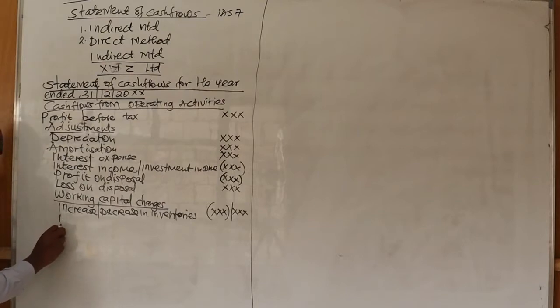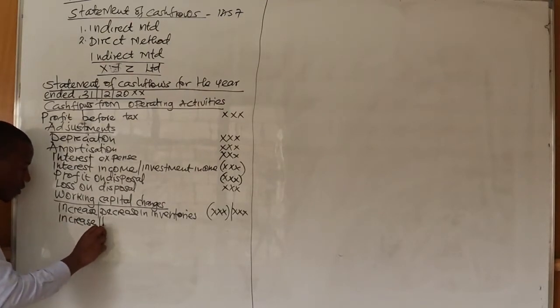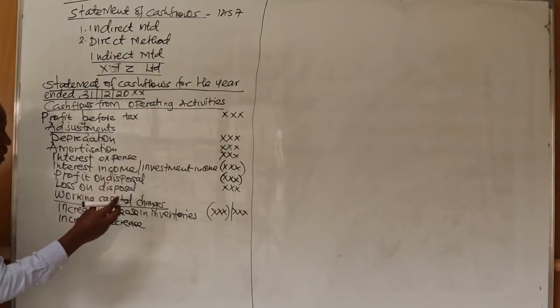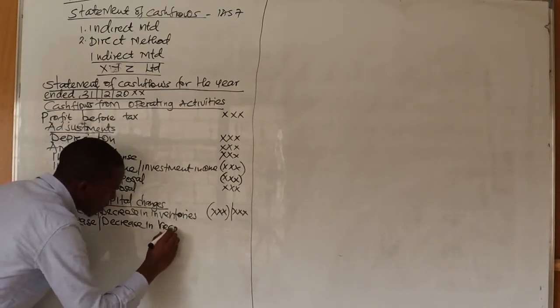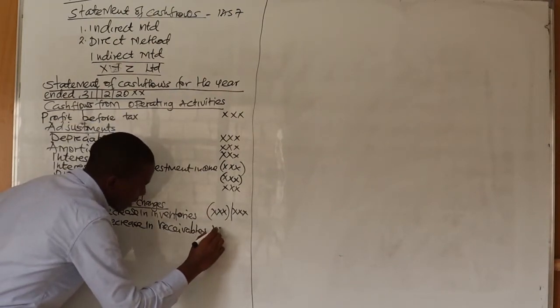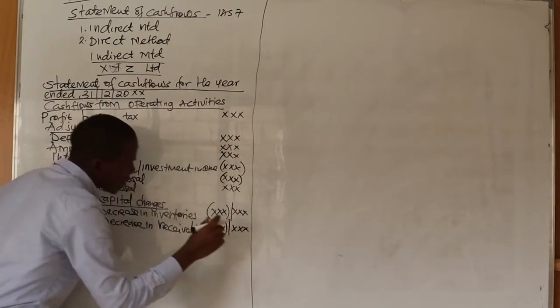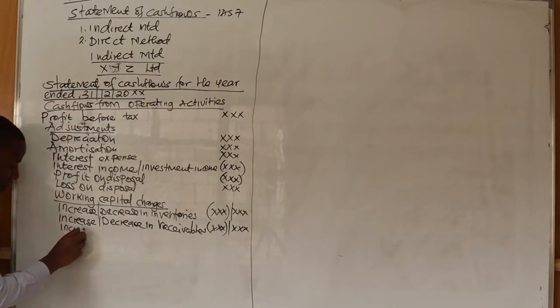The same case applies to the receivables. You look for the increase or the decrease in receivables. Remember, these are current assets, and therefore the same case: increase you less, decrease you add. And then the last one is the payables. Remember, it's a liability.